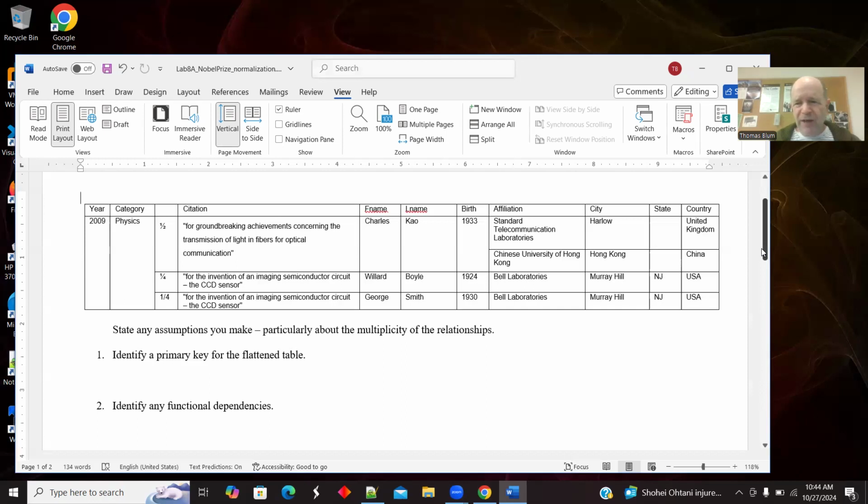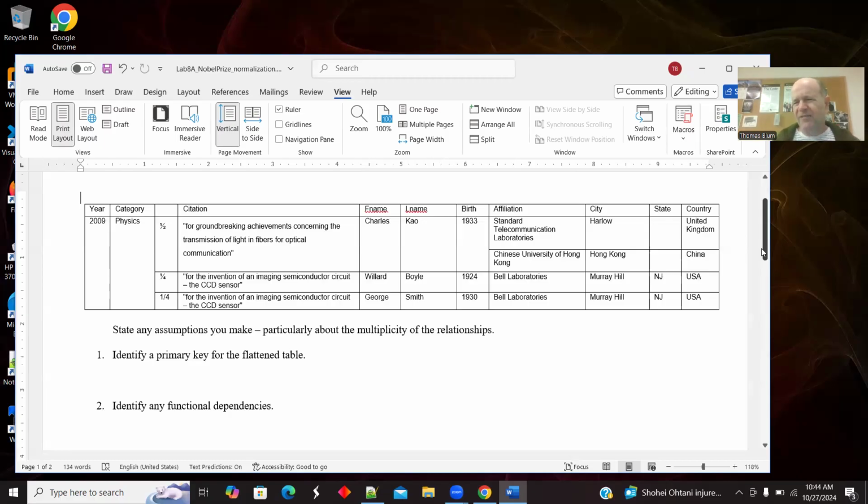So we're going to have a composite primary key, and we need something from the affiliation, which was a repeated thing, and the winner, the person, was a repeated thing.